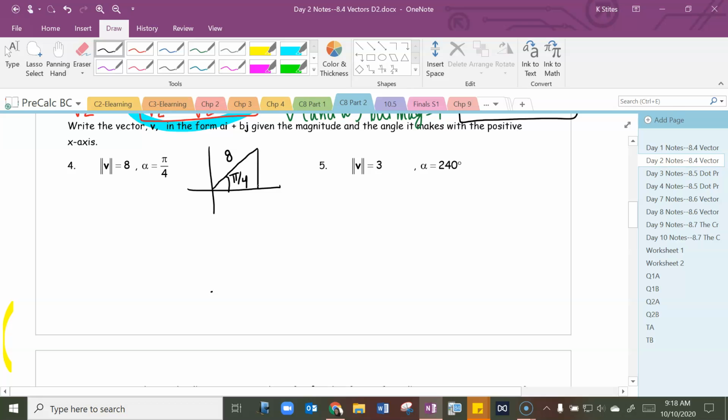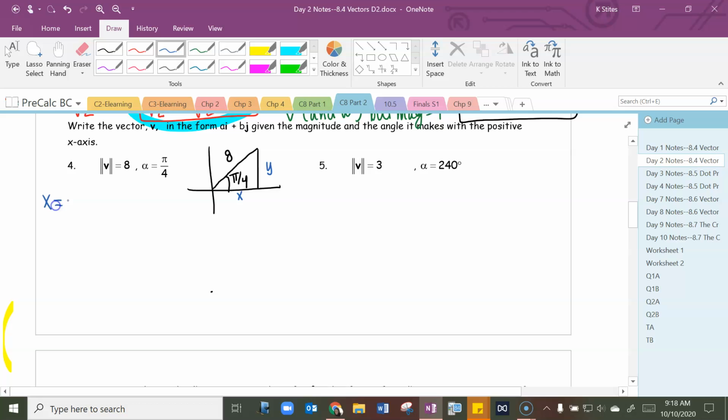Well, we're looking for our I and j components, which is really our x and y components. So this should look really familiar from polar form. We're just looking for x and y. Remember before, x was r cosine theta and y was r sine theta?